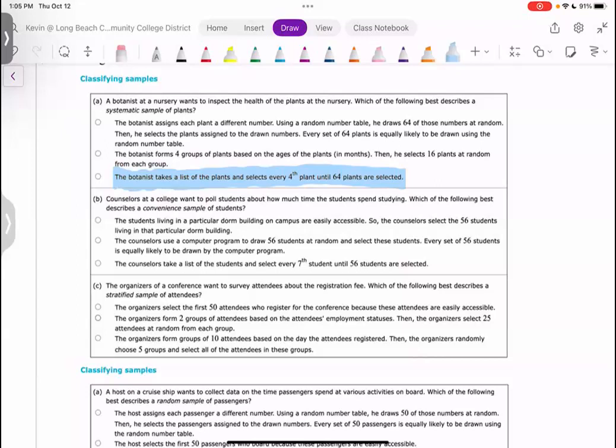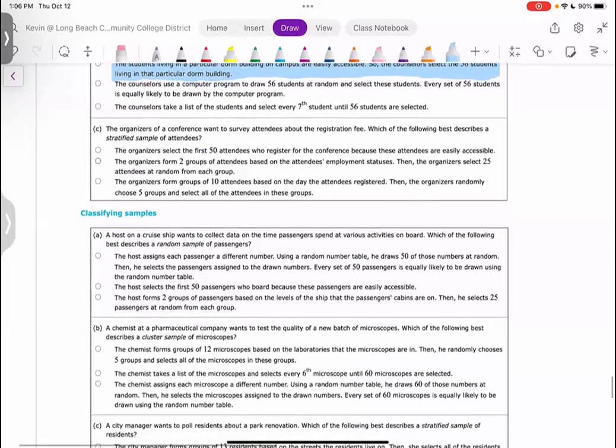Every set of 56 students is equally likely to be drawn by that. That's random. And the counselors take the list of students and select every 7th student until 56 students are selected. That is systematic. So we're definitely looking at this first one as being the convenience sampling.